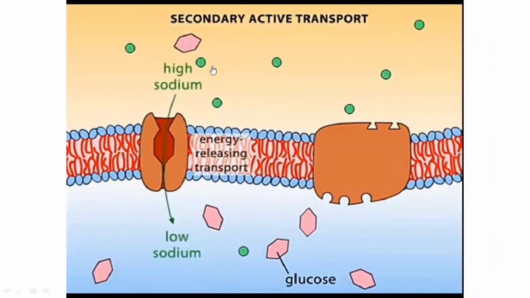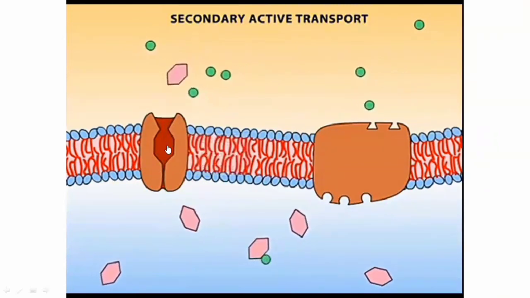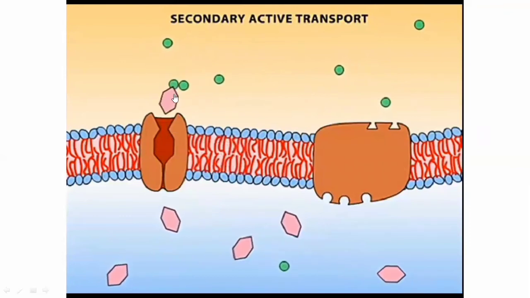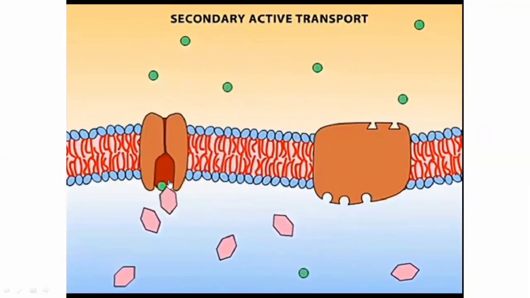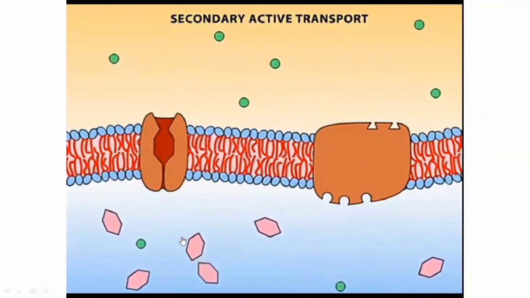Here there is less glucose and here there is more glucose, but it will still move against the concentration gradient. Here the sodium concentration is high, and here the sodium concentration is low. So on one side the glucose will attach and on the other side sodium will attach, and this is the same symport, as both molecules are transported at one time.